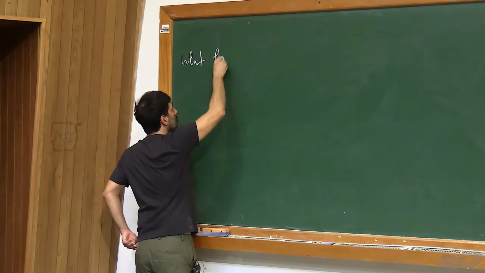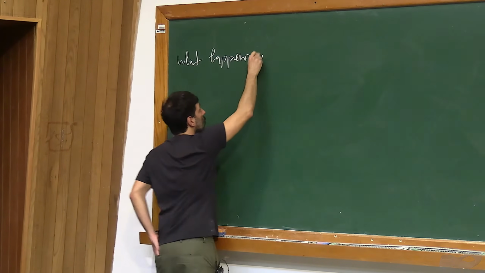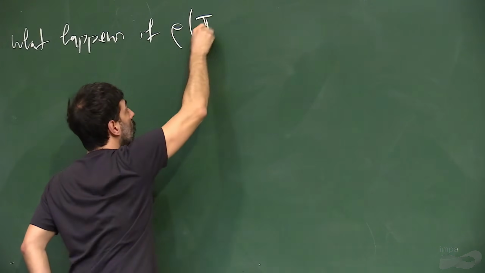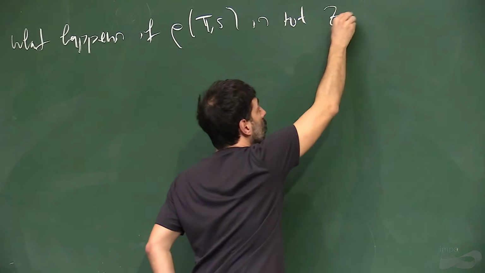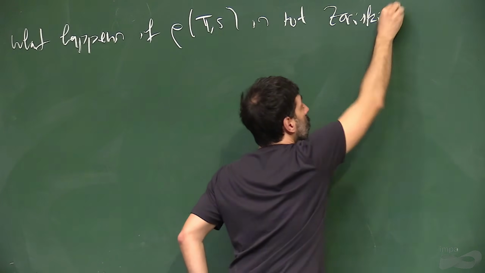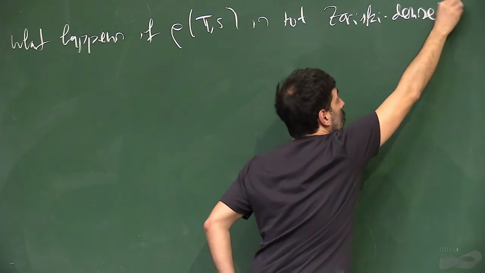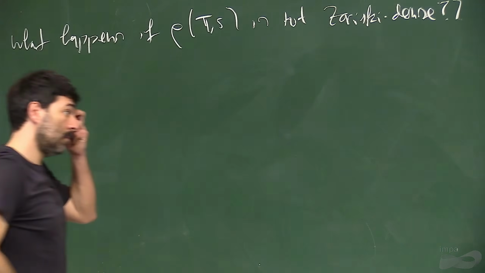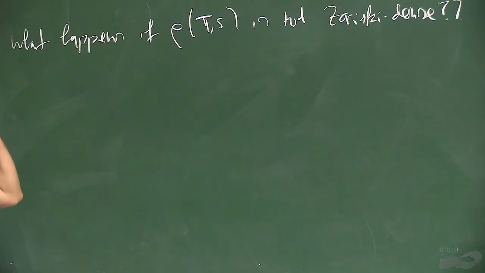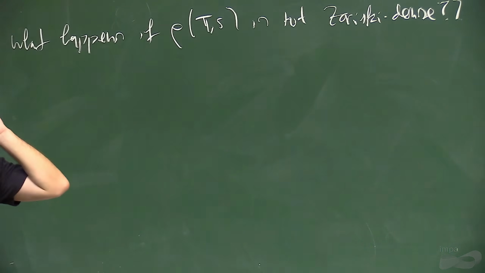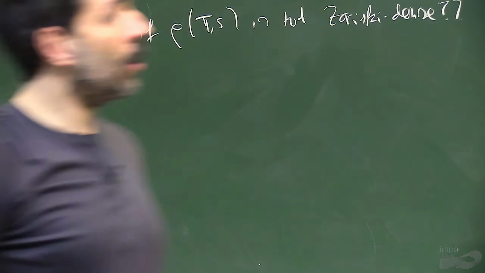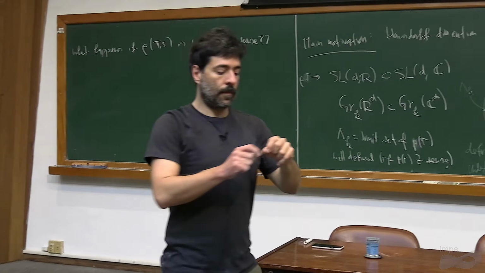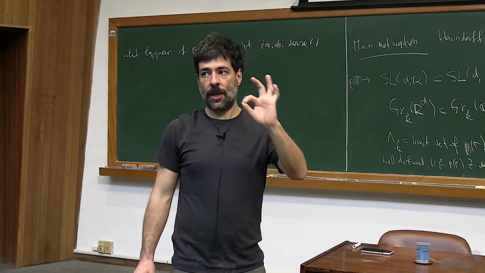So what happens if rho is not Zariski dense? No, because the base point is Hitchin, right?